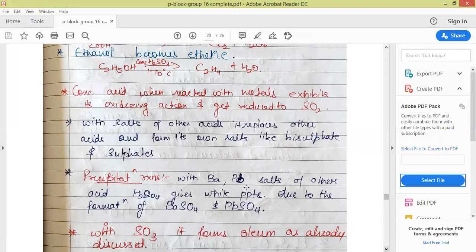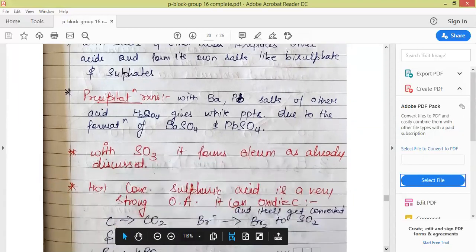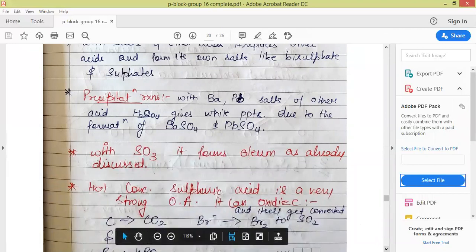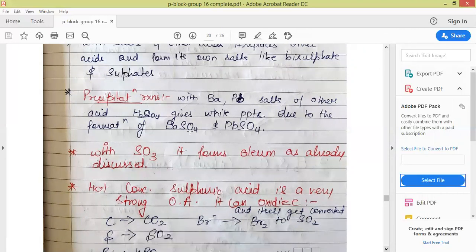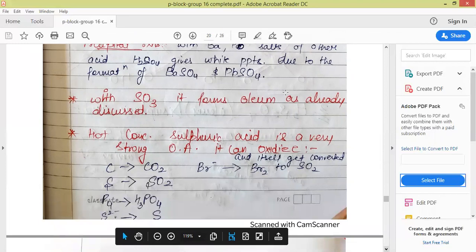Next are the precipitation reactions with barium and lead salts of other acids. H2SO4 gives white precipitates, as barium sulfate and lead sulfate are produced, which are white in color.